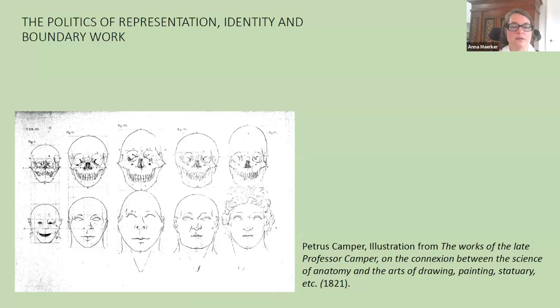As in the case of gender difference, the skeleton became a central focus for locating racial difference in the 18th century. The so-called Age of Enlightenment saw the adoption of things like cranial angles as markers to create racial hierarchy. One example we've got here is by the Dutch physician Petrus Camper, who used measurements of skulls to define races.